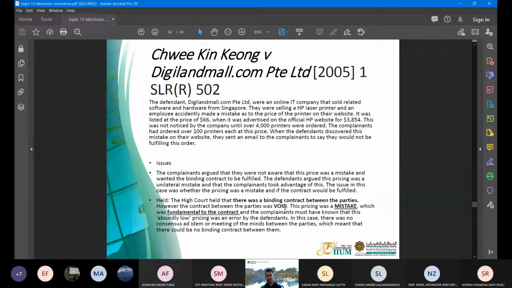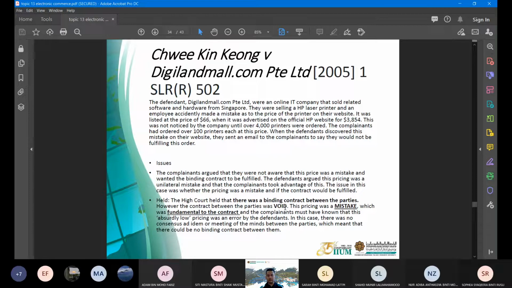The complainant argued that they were not aware that this price was a mistake, and they wanted the contract to be fulfilled. But the defendant argued that the price was a unilateral mistake and the complainant took advantage of this. And the issue here was whether the contract is valid and should be fulfilled. The court held that there was a binding contract between the parties. Yes, there was a binding contract, but the contract was void because of a mistake which was fundamental to the contract.